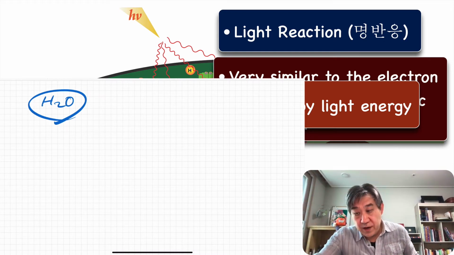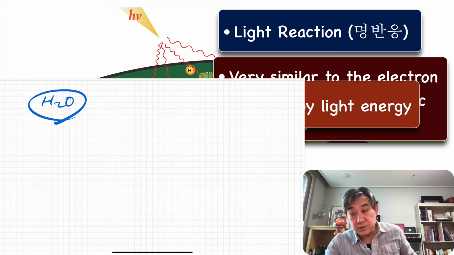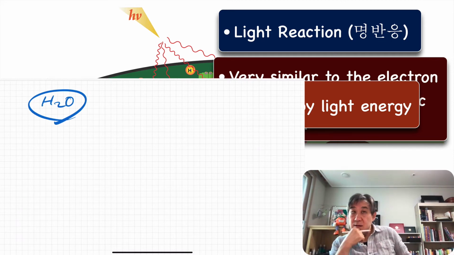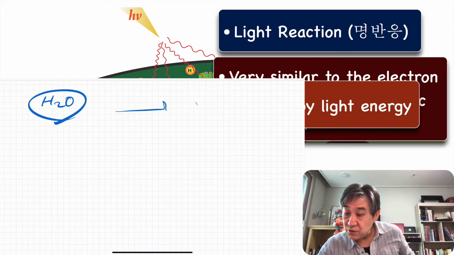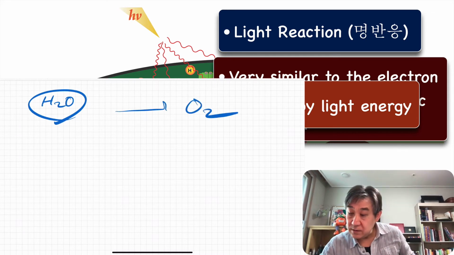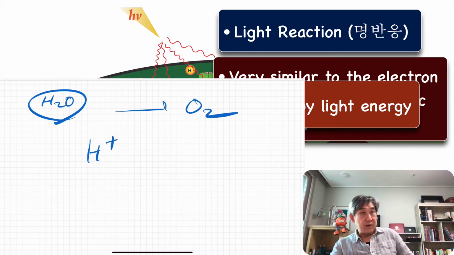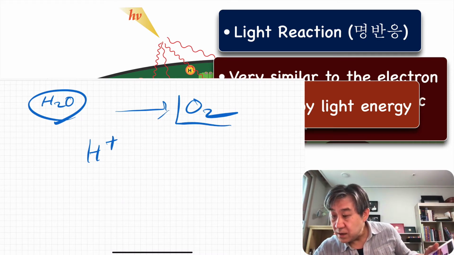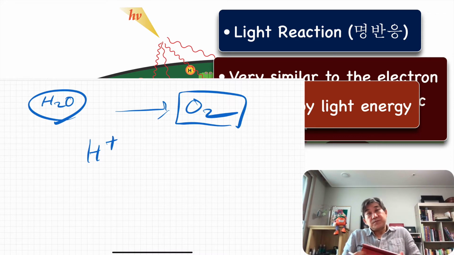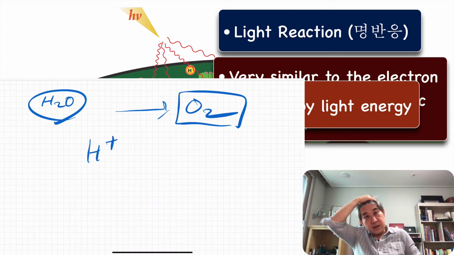Once you break this water molecule in two to get the electrons out, the end result is that oxygen and hydrogen ions are separated. That is the reason oxygen is released, and as a result we have plenty of oxygen in the air.